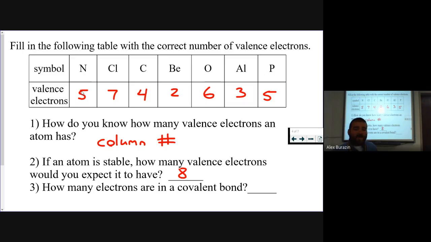So question 3, how many electrons are in a covalent bond? I've said this a couple times over the last 3 days. Hopefully you've caught it, but if we have one bond, a covalent bond, that's going to contain or be sharing 2 electrons.